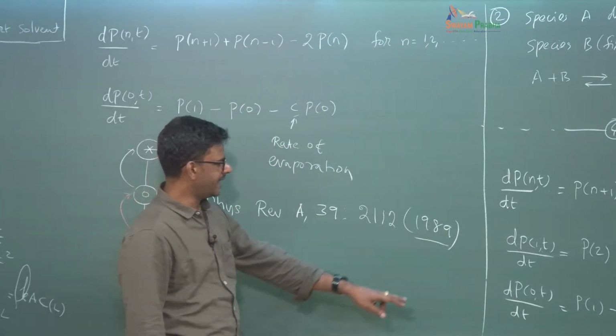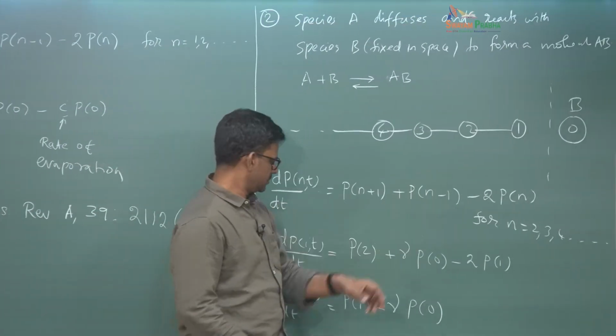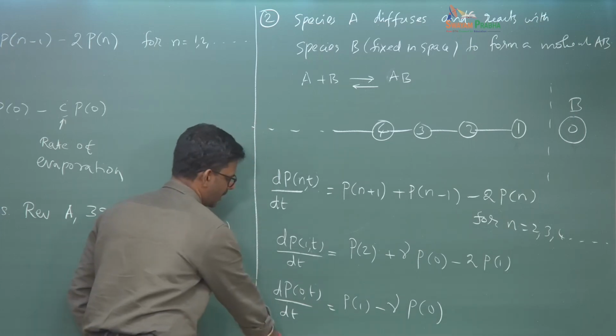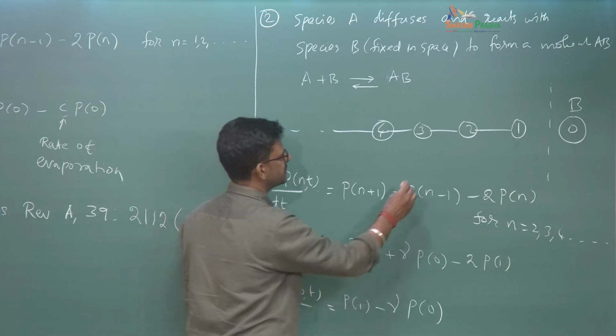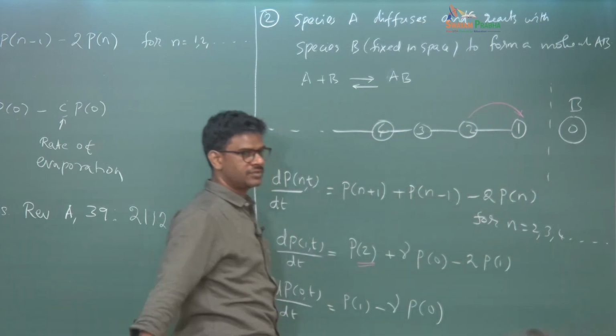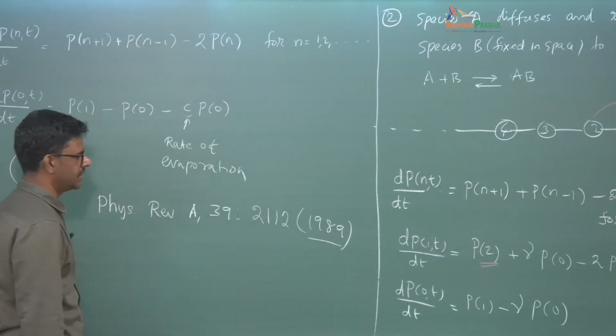For site 1, what happens is this term that you see here is basically a random walk jumping from state 2 to 1, that gets created.